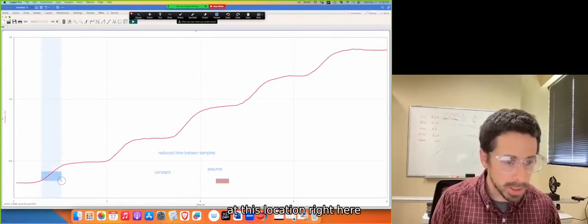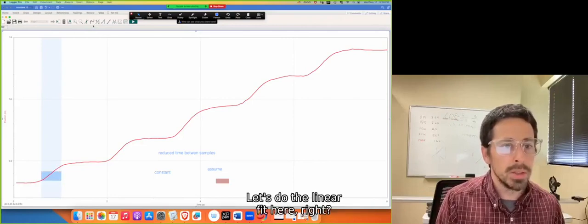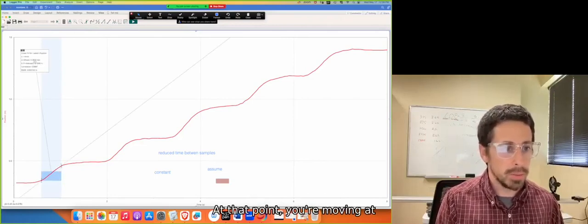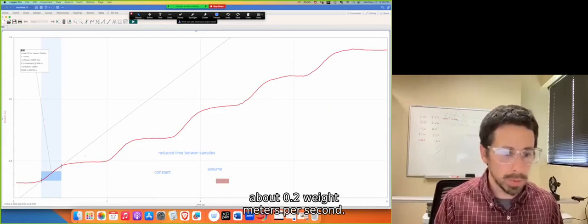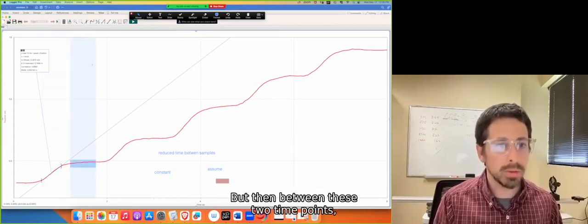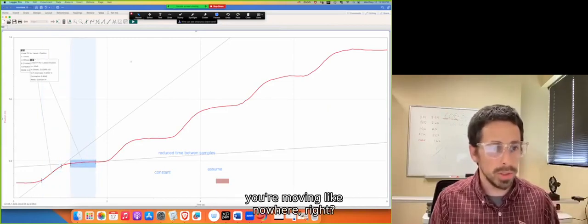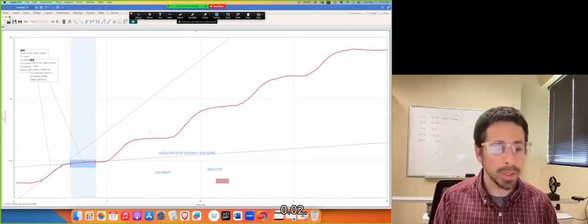at this location right here, between these 2 time points, let's do the linear fit here, right? At that point, you're moving at about 0.28 meters per second. But then between these 2 time points, you're moving like nowhere, 0.02.